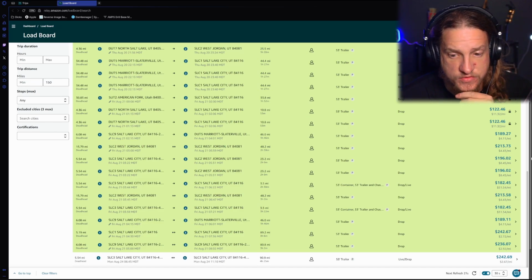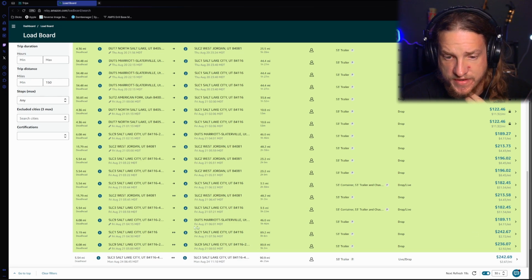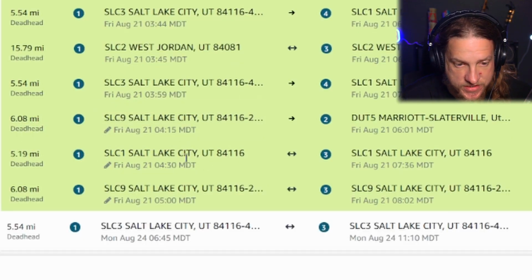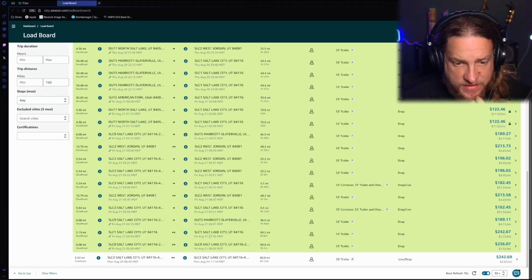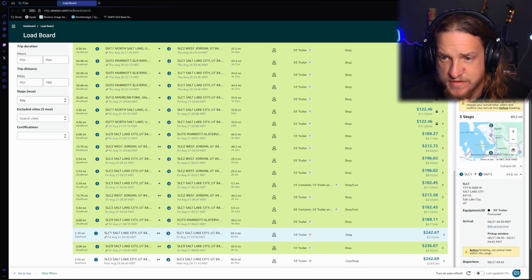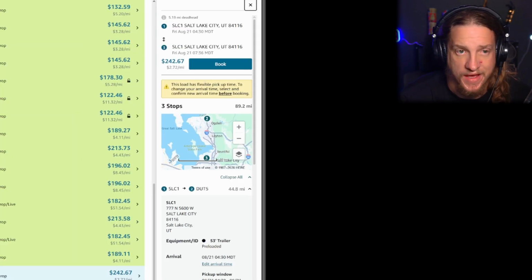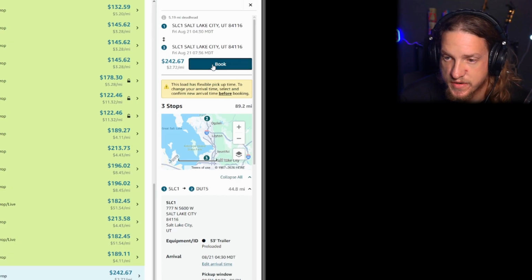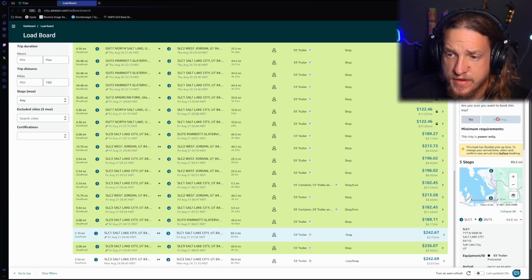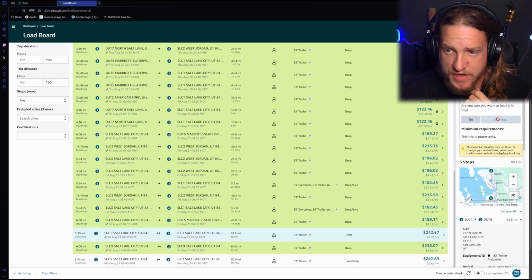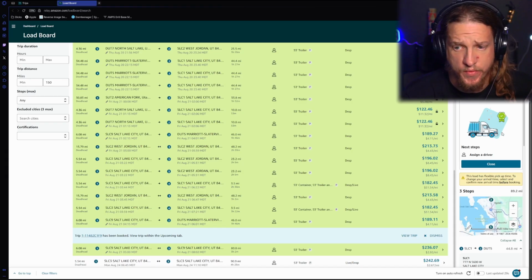There is one that we are going to take, and it's going to be this one right here, this Salt Lake 1 to Salt Lake 1. Now, it says that this one has a flexible pickup window. I don't need that flexible pickup window, so I'm going to go ahead and book that right there. I'm kind of doing it in a weird way.